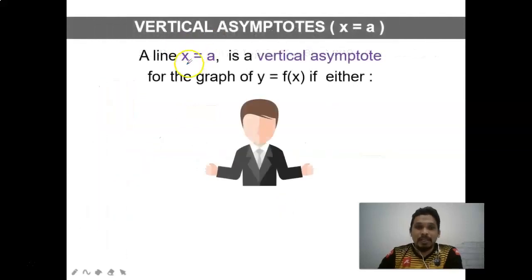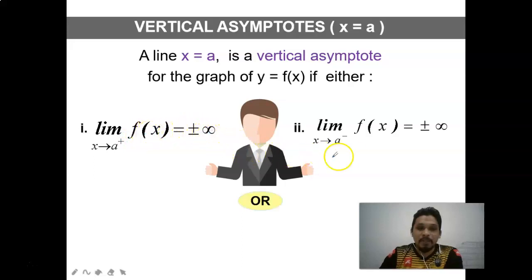Okay, so a line x equal to a is a vertical asymptote for the graph of y equal to f(x) if either the limit as x approaches a from the right side of f(x) equals positive or negative infinity, or the limit as x approaches a from the left side of f(x) equals positive or negative infinity.